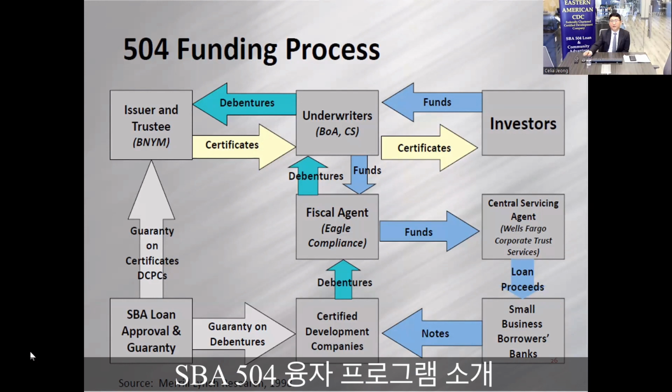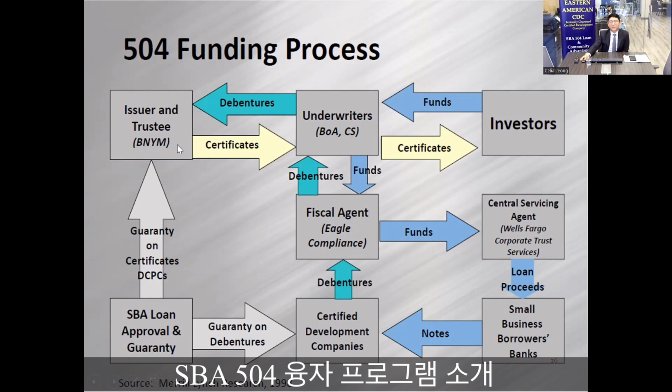Here is a CDC, this is me. We got the debenture. I signed the debenture paper, then sent it to Eagle Compliance, which is a fiscal agent contracted by the SBA. Then they record it and it goes to the underwriter. The current underwriters are Bank of America and Colson Services. They underwrite, then get the debenture to BNY Mellon Bank, who is a trustee.